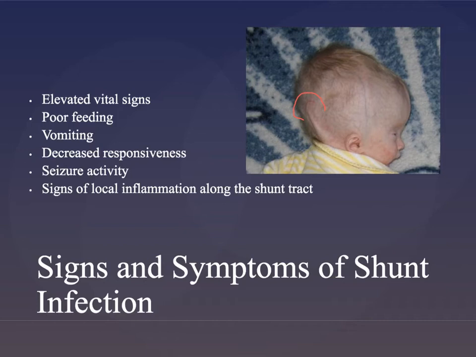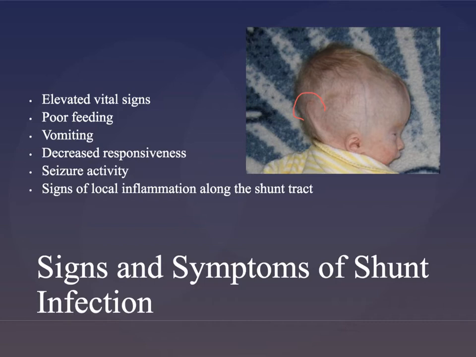I've seen these get really red and swollen and bulge out even more. But we should see some earlier signs of the kids not eating as well. They're vomiting. They don't seem to be responding. But sometimes we don't see those things and the inflammation starts first.